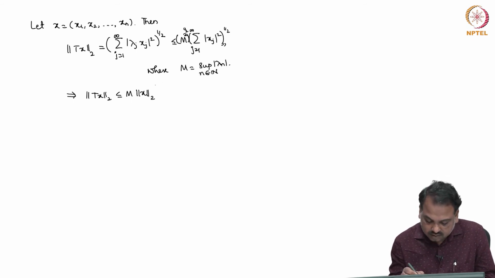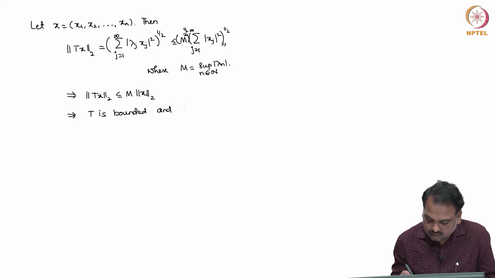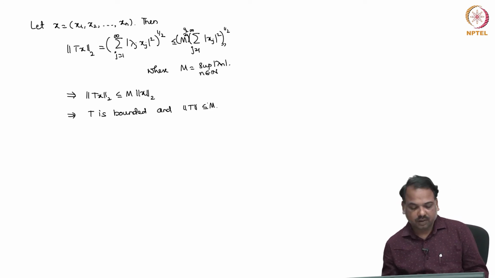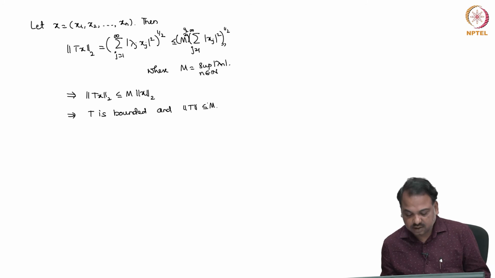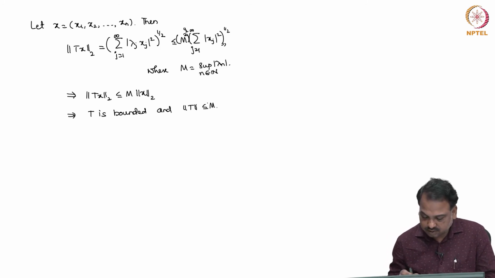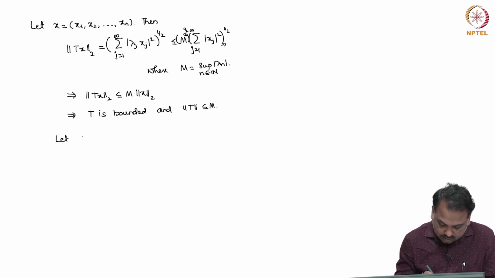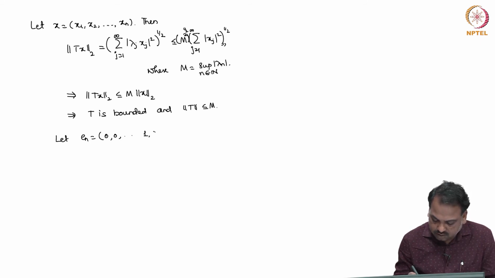So from this we can say that T is bounded, and we can say that norm of T is less than or equal to M. Now the question is, can this inequality become equality? So let us look at that part. So let e_n be (0, 0, 0, ..., 1 in the nth place), and remaining all positions are 0.